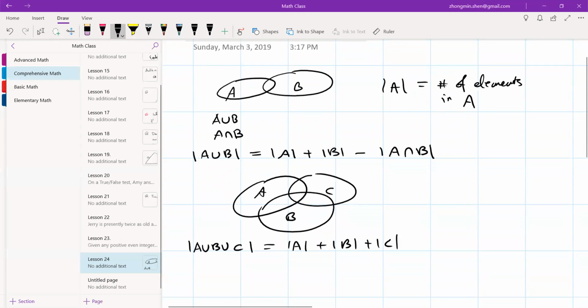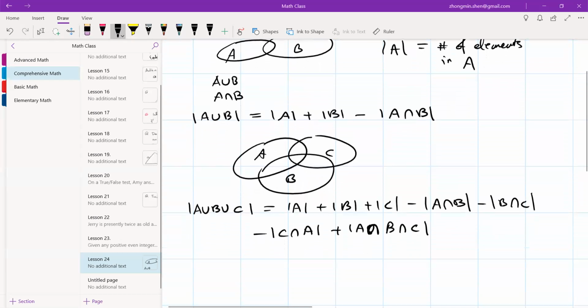But in this case, you have to subtract the elements in the intersections of pairs of the sets. And finally, you have to add the elements in the intersection of the three sets. So it's pretty complicated. Now, how do you prove that?